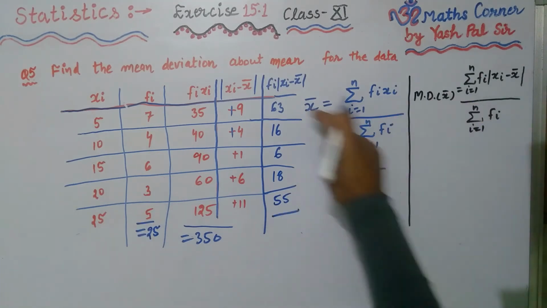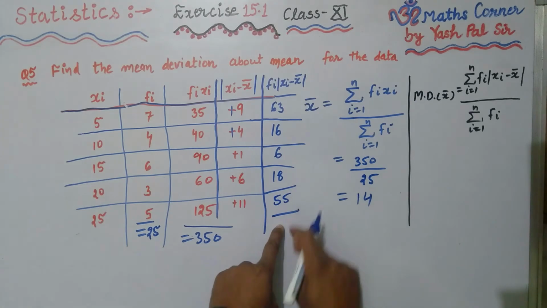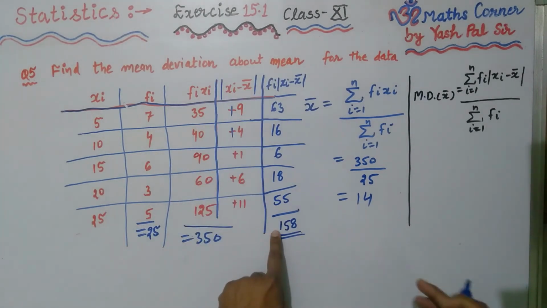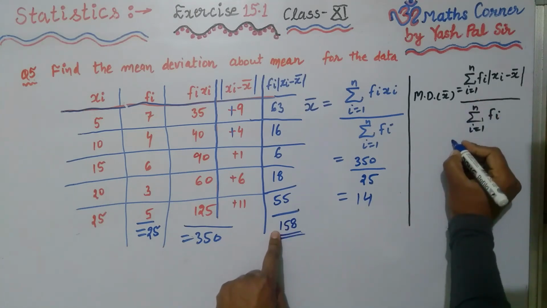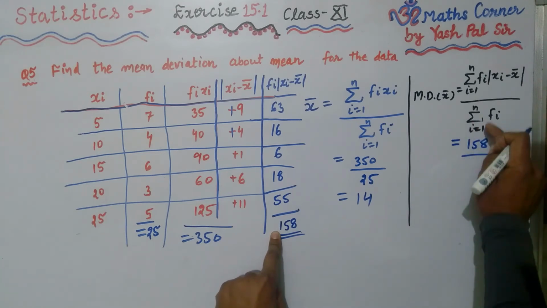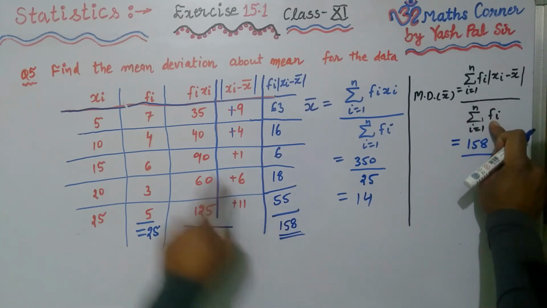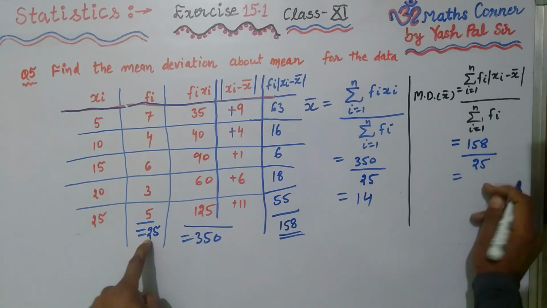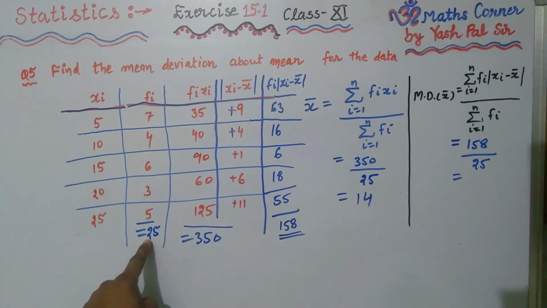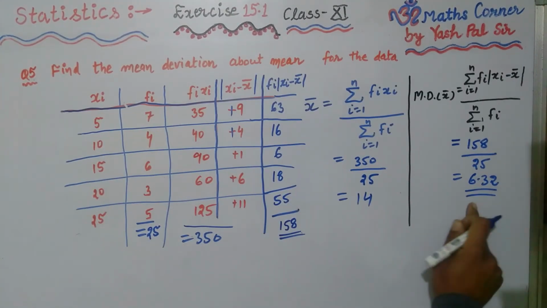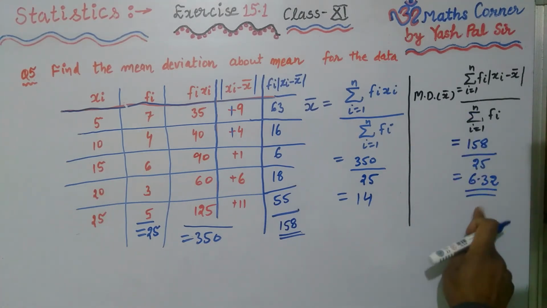Thereafter we need the sum of this last column, which is 158. We put this sum here, 158 whole divided by summation i equals 1 to n of fi. This sum is 25. Now 158 divided by 25, the answer is 6.32. So finally this is the mean deviation about mean for question number 5.